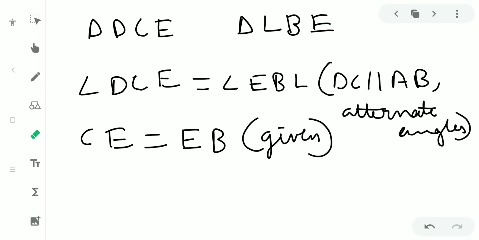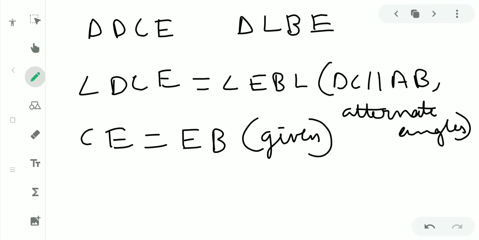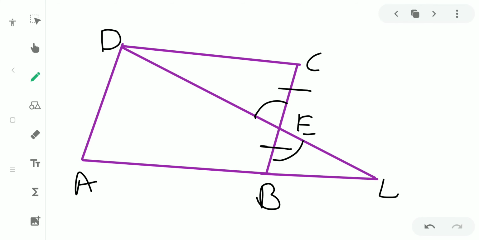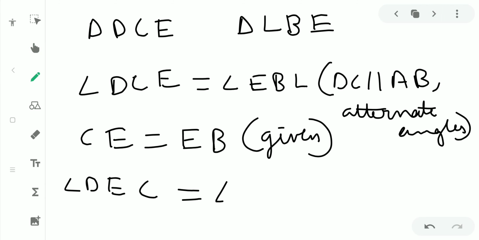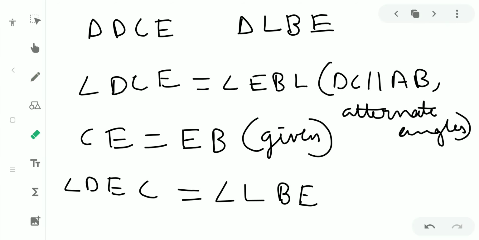CE is equal to EB, and angle DEC will be equal to angle LEB, by vertically opposite angles.